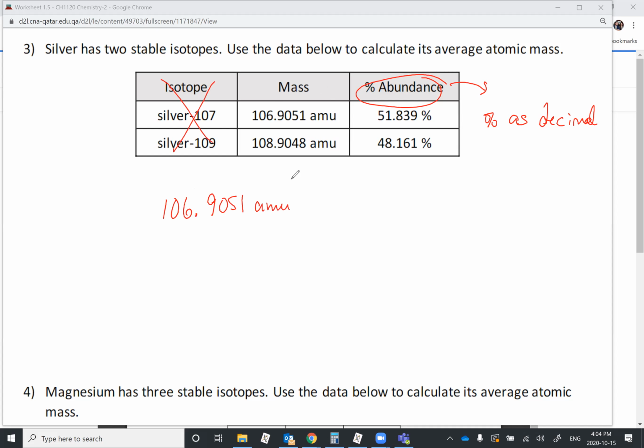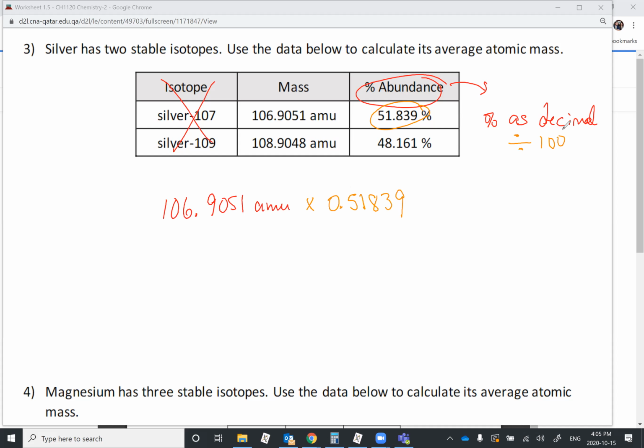That's just a fancy unit of mass. It's an atomic mass unit. And I'm going to multiply it by that percent as a decimal. So decimal 0.51839. Now remember, to change a percent to a decimal, just divide by 100.